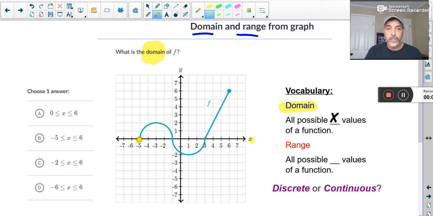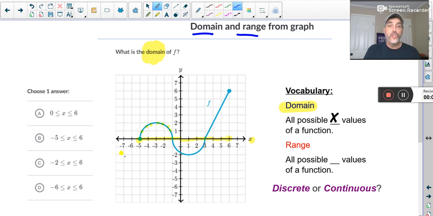Well, it has x values that start at -5, and there's data all along here. So that means that there are x values at -4, -3, -2, -1, 0. There's x values all along here, and it stops at this spot.